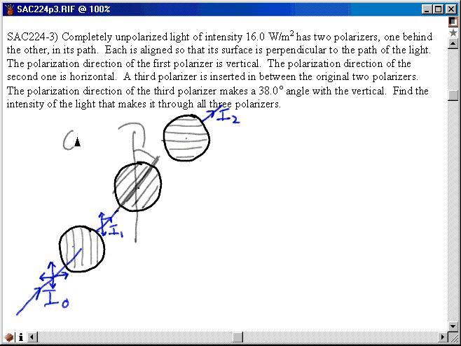So I'll call that theta 1, and it's equal to 38.0 degrees.